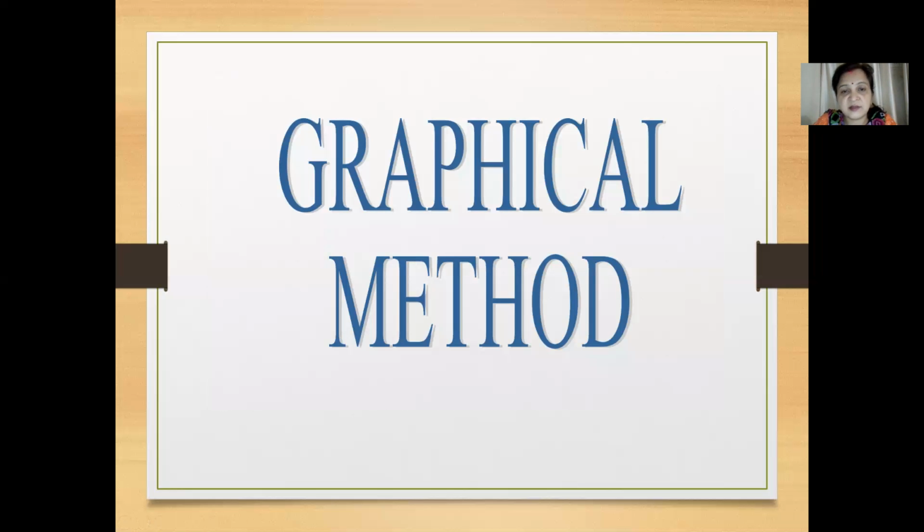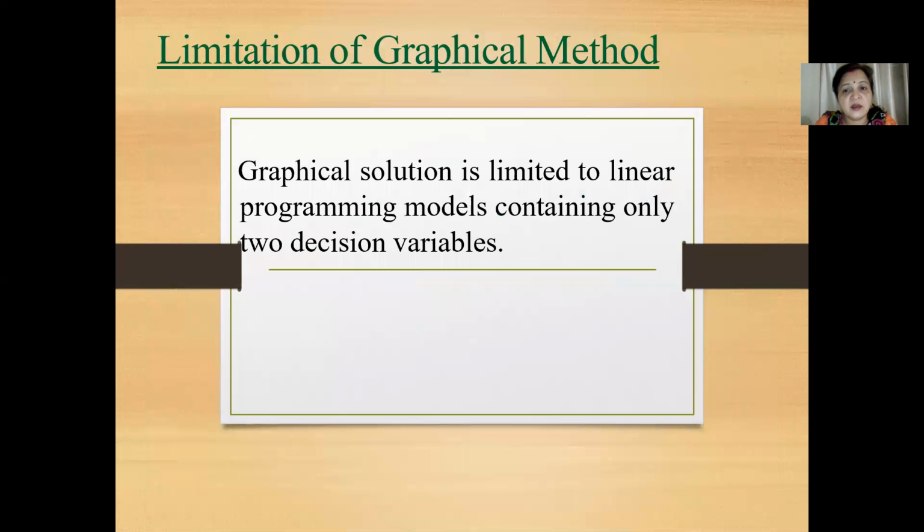Now next, let us see how we can solve these problems. For this, first we propose the graphical method. One drawback of this method is that it is applicable when the linear programming model contains only two decision variables.